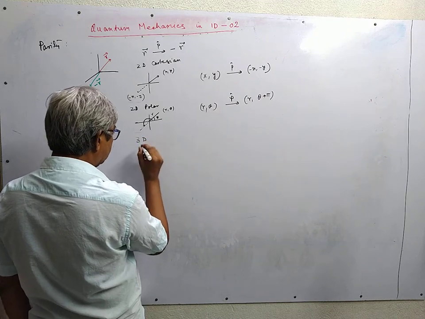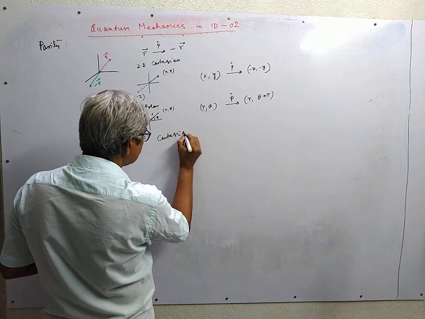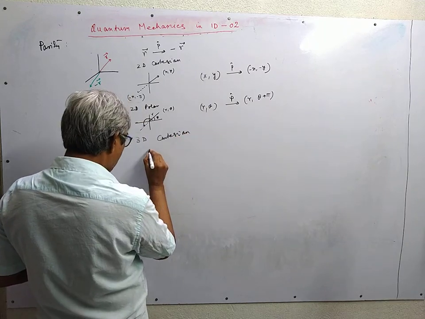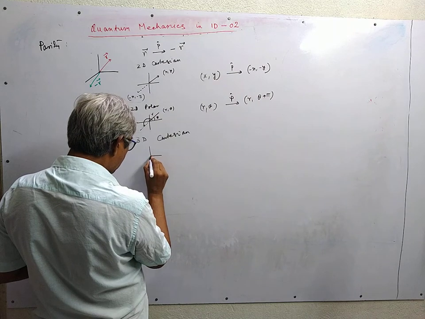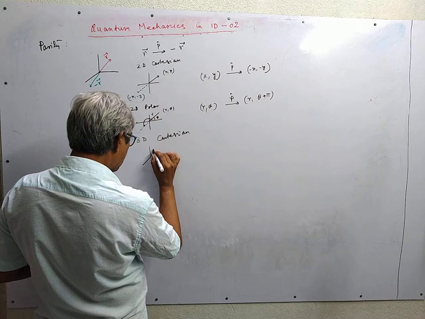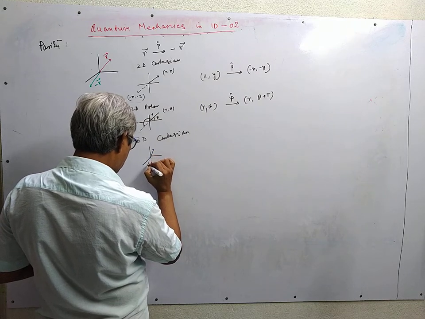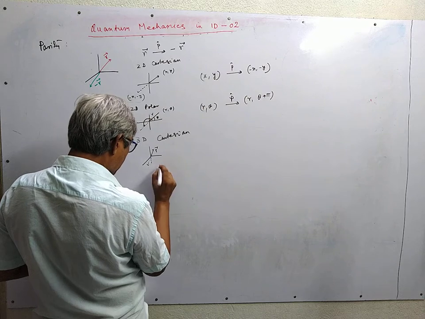3D Cartesian. This is r, this is minus r.